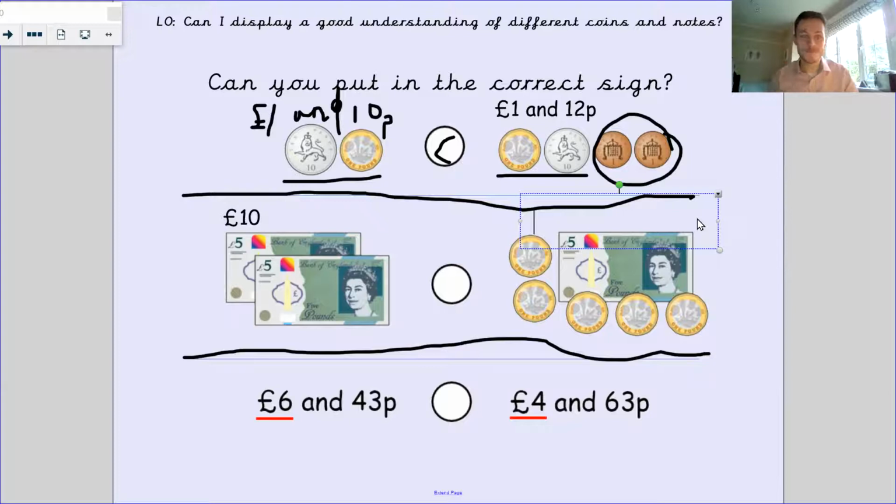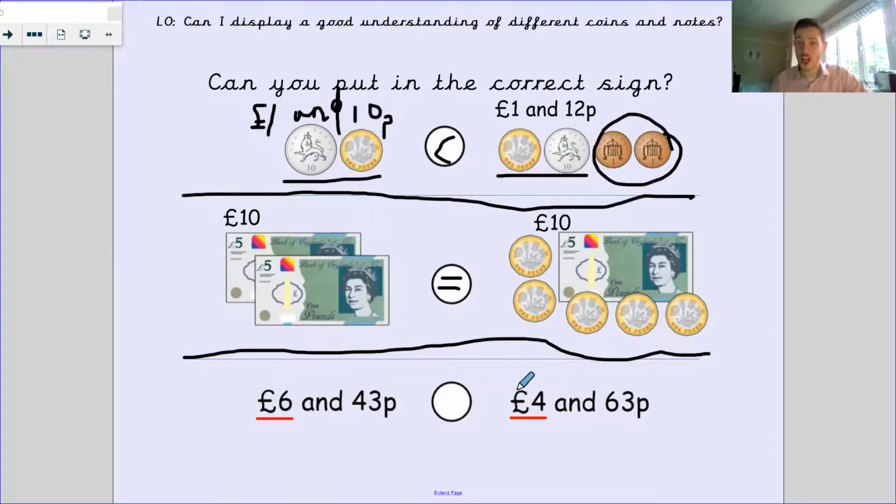Sorry, let me try again. You've got a £5 note and 5 £1 coins. So altogether you have £10. So if you've got £10 on this side and £10 on this side, you're going to have an equal sign in the middle because you can see it is exactly the same.